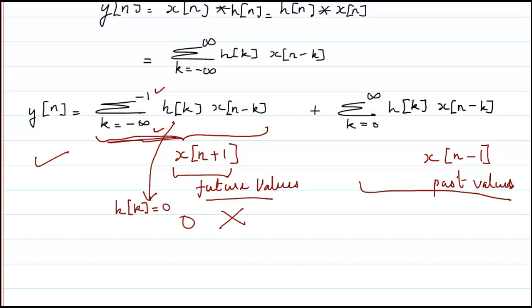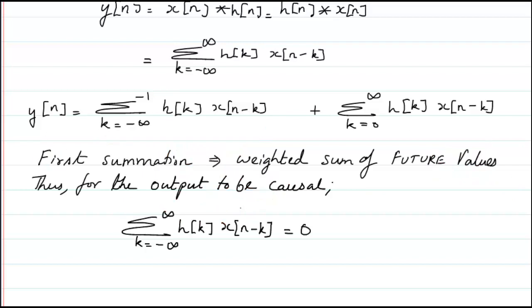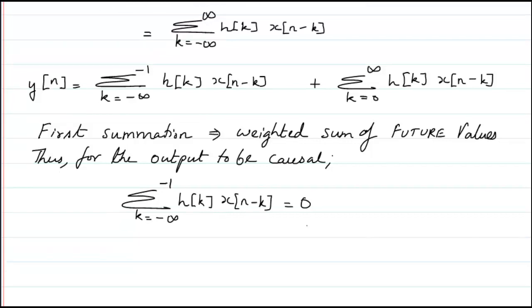So let me write that as a statement. The first summation is basically the weighted sum of future values. Thus, for the output to be from a causal system, the first summation, from minus infinity to minus 1, should be equal to 0, which will happen if h of n is equal to 0 for all n less than 0.